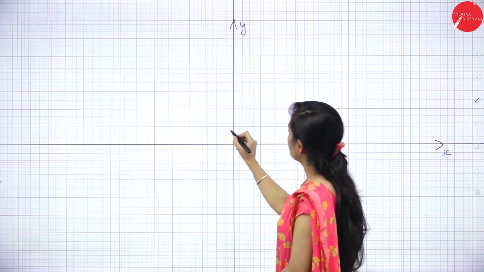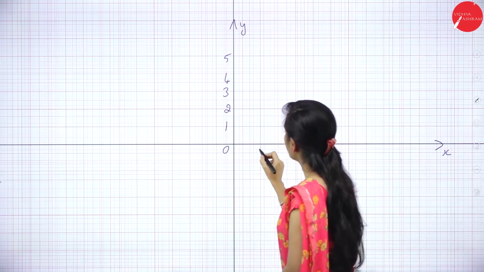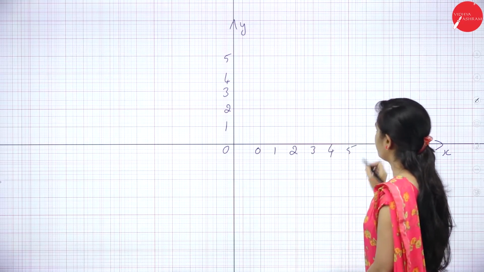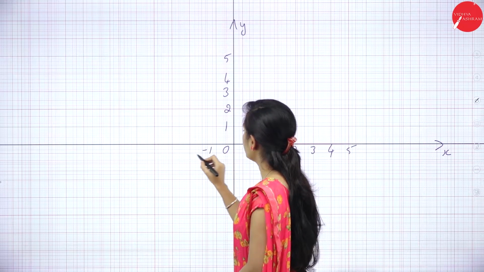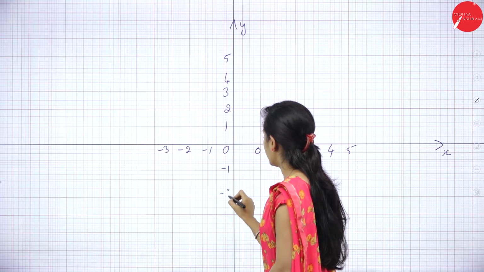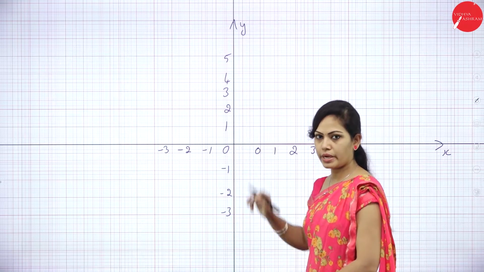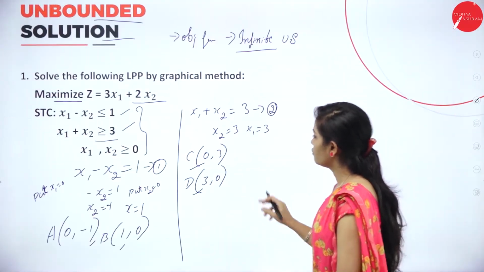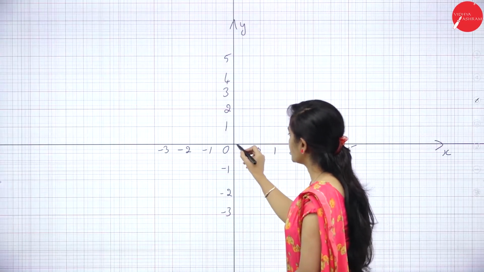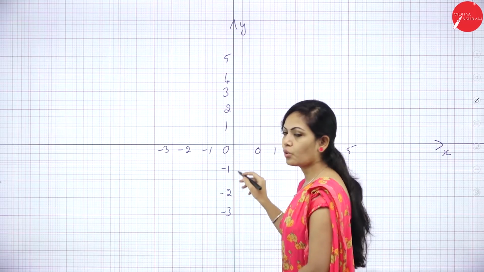I will take 0, 1, 2, 3, 4, 5 on each axis, and minus 1, minus 2, minus 3 on each axis. The scale is 1 unit equal to 1 centimeter. First see the point 0, minus 1; minus 1 is the y value.